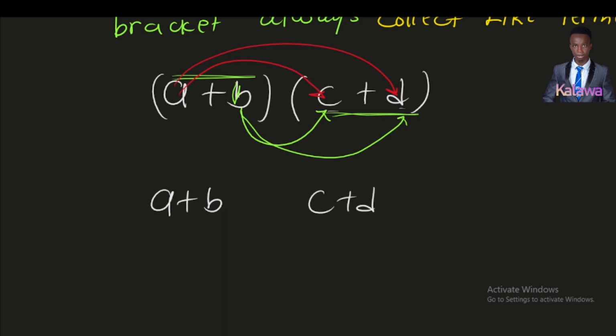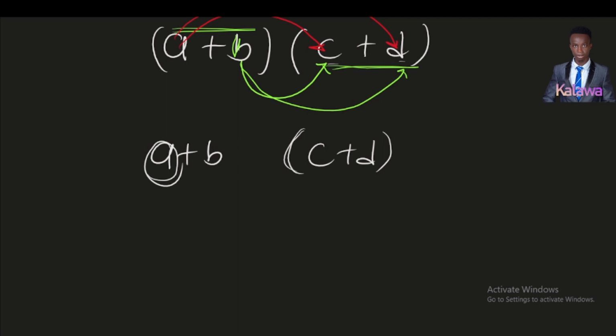So if we take this first term out, this a, we are going to multiply this a into this other binomial. So this is how it's going to be. And I want you to listen properly. So we say now, a into c plus d.